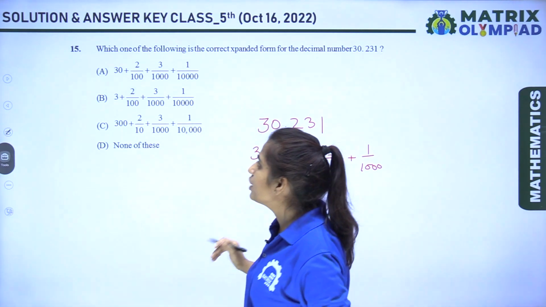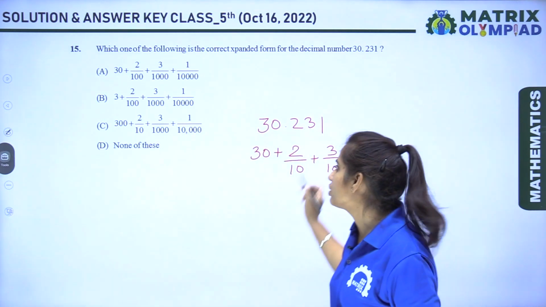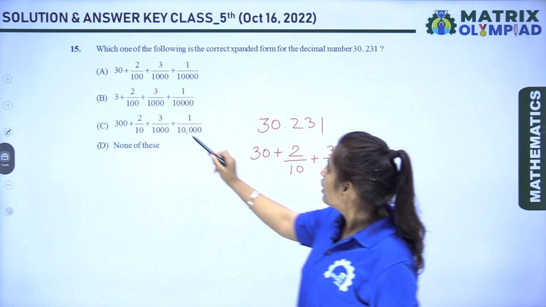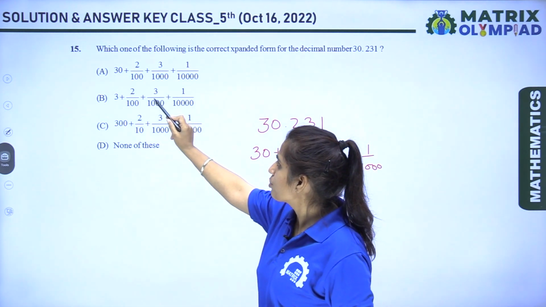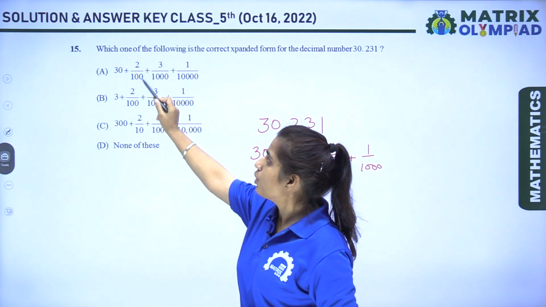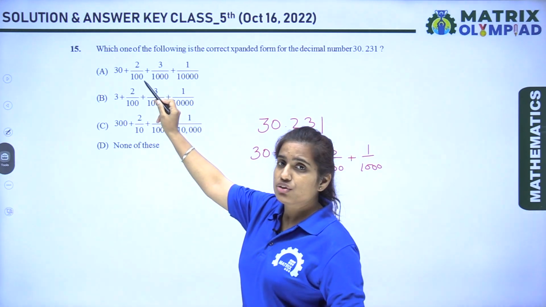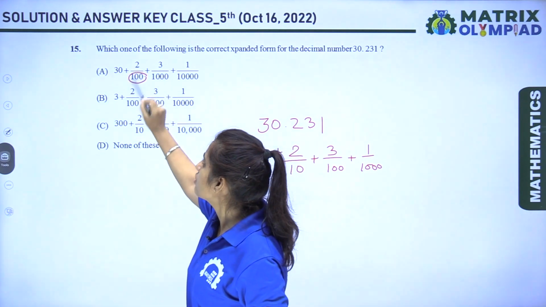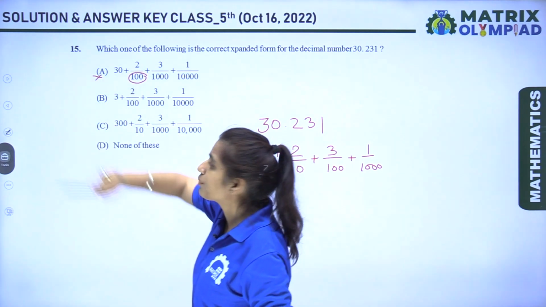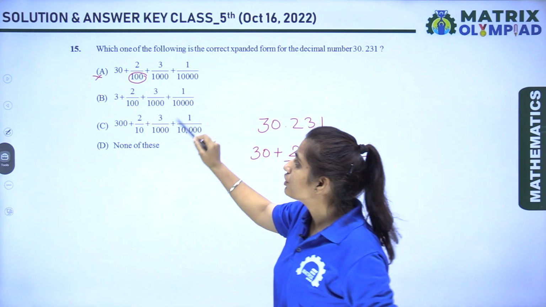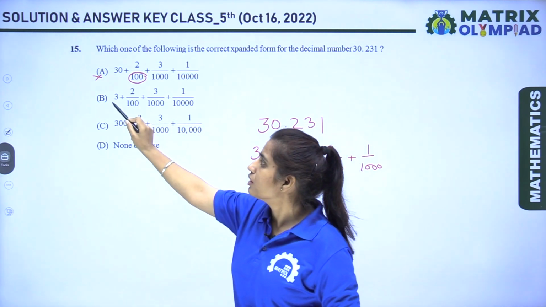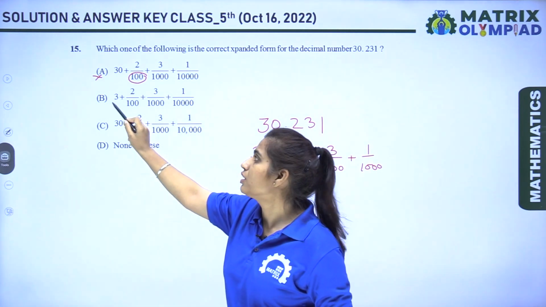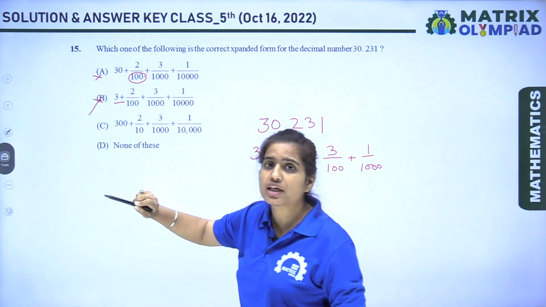So from the options, let's check which option is correct for the number. In the first option, you have 30 plus 2 upon 100. As you know that 2 is on the 10th place, this option is incorrect. Next, the whole number is 30, not 3, so option B is also incorrect.